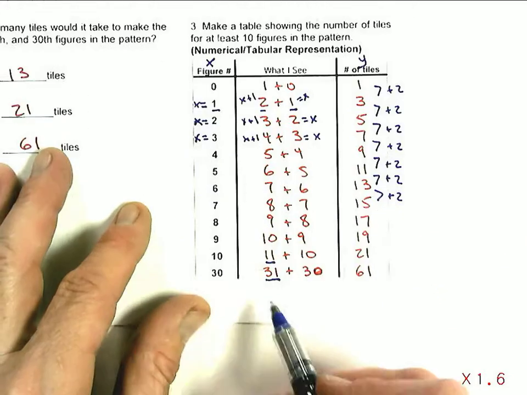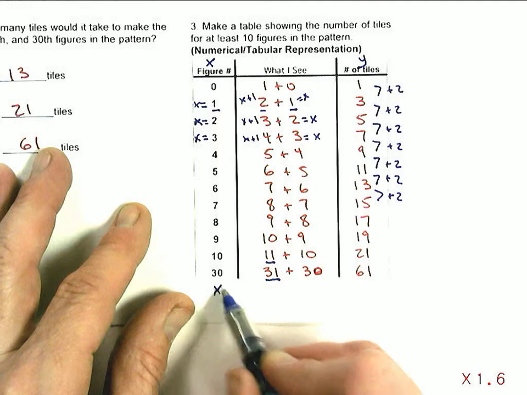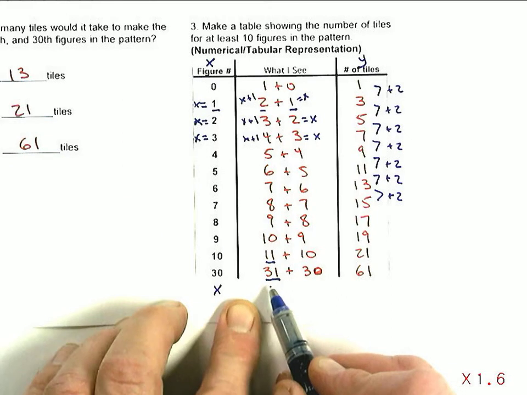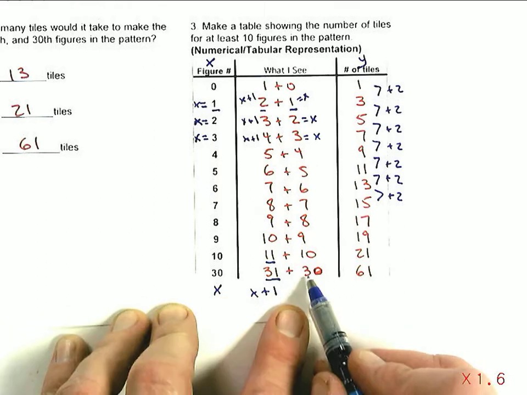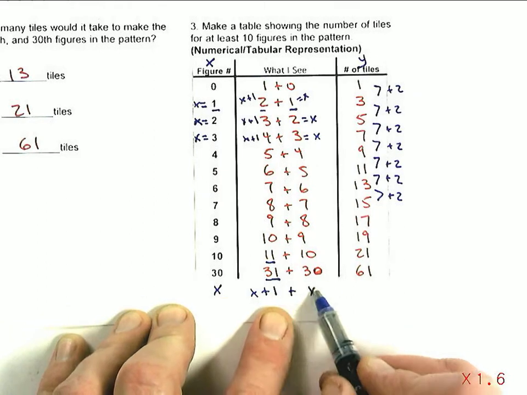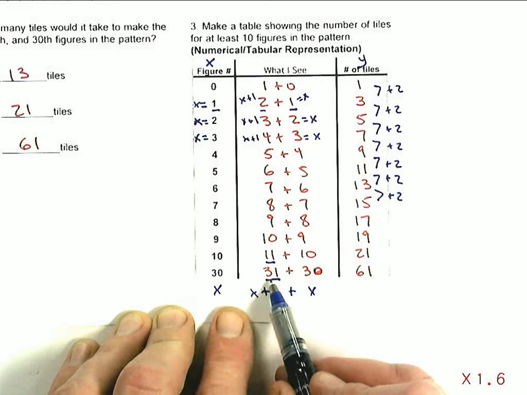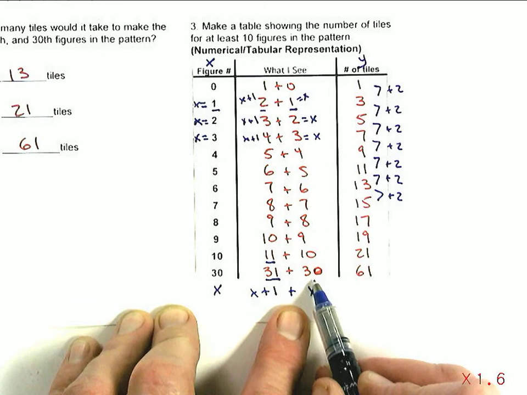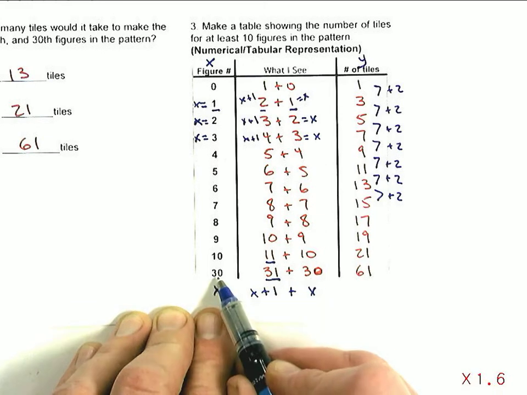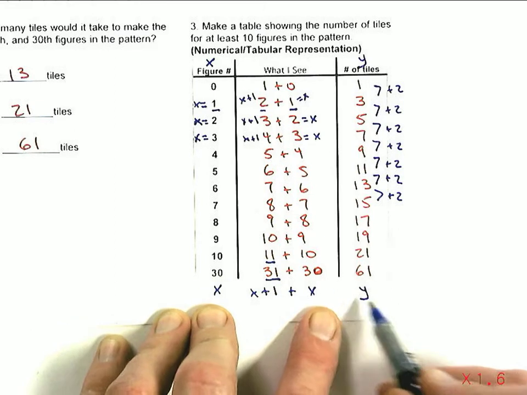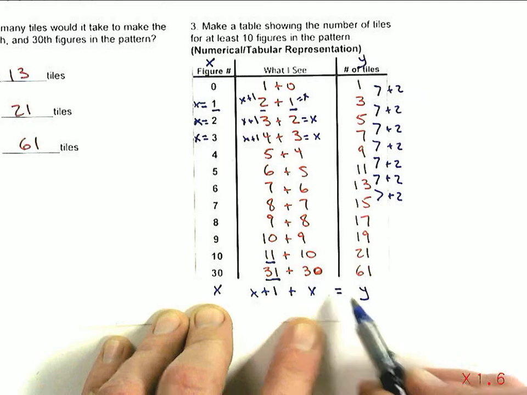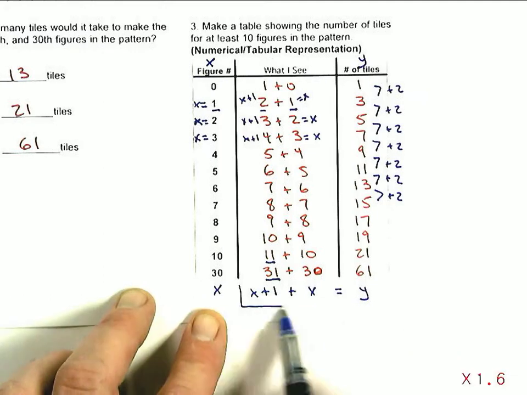Whatever x is, this number here is x plus 1, and this number here is x. So if I take x plus 1 plus x, whatever x is, if x is 30, it's 31 plus 30 equals the number of tiles. And so right there is my equation.